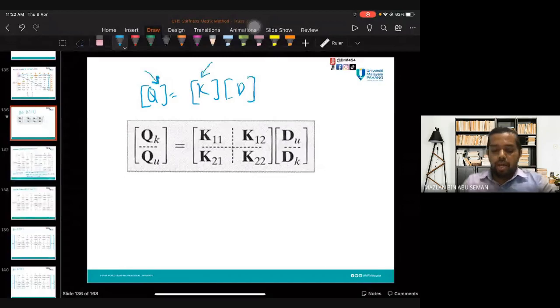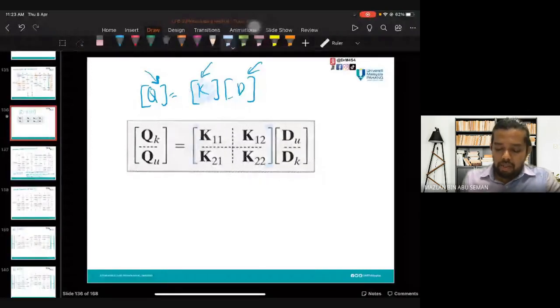When we assemble our matrix, we know this is our K. Okay, that is our K. Between that, we can draw this dotted line. Can you see that dotted line, the pink one, the pink color?